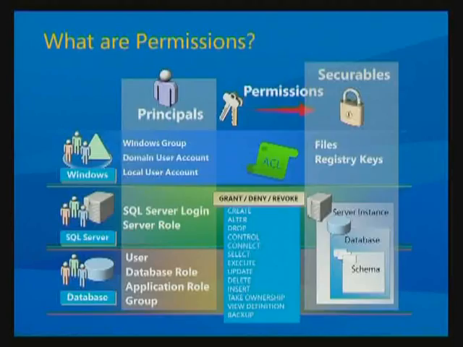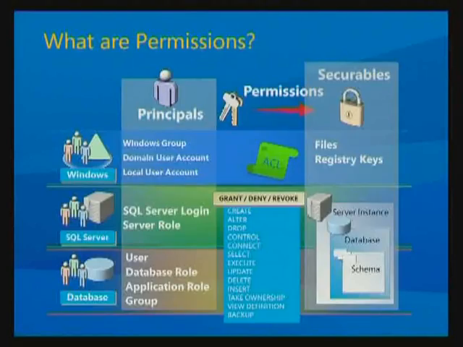And people sometimes ask, well, why do we have a deny? It seems to complicate the model. Why can't I simply grant permissions I want someone to have and revoke them if they don't have them? Where it becomes potentially complicated is if an individual, a principal, has permission in more than one way. If, for example, I've been granted select permission directly, and also I belong to a group or role that has select permission, it would be necessary for you to go and find all the different places I hold that permission and revoke all of them.